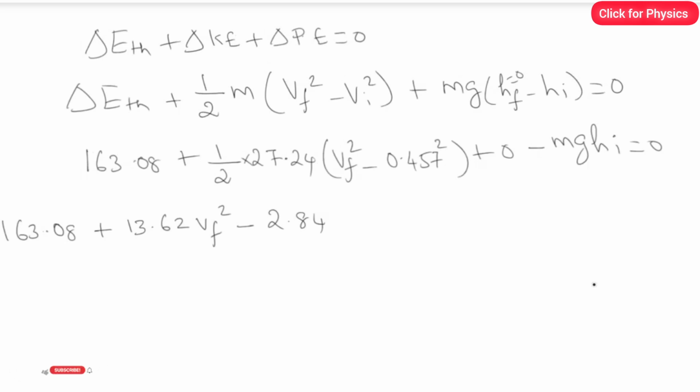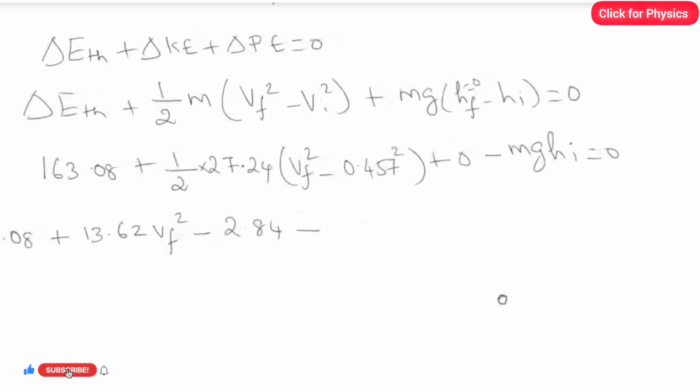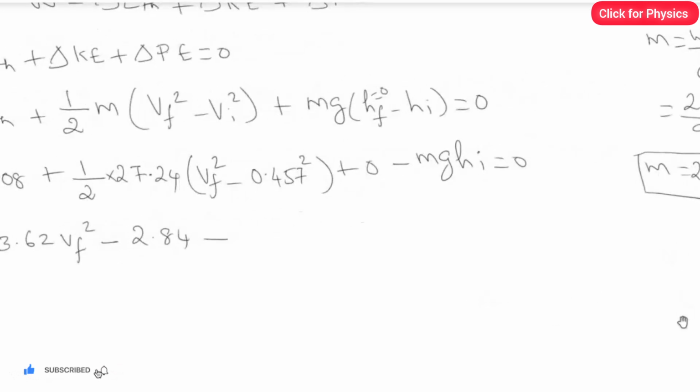And then we have to substitute the value here, the mass, which is, what is the mass? 27.24 multiplied by 9.8. And what is our HI?